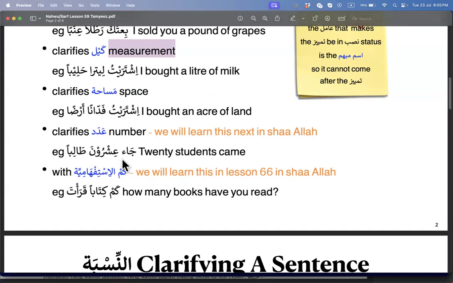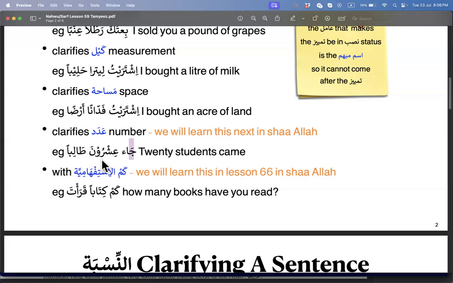But so ja'a, what is this? Fi'il madi. Yes. Ishruna, I think this one is maf'ulun bihi? Okay, you see, fa'il.